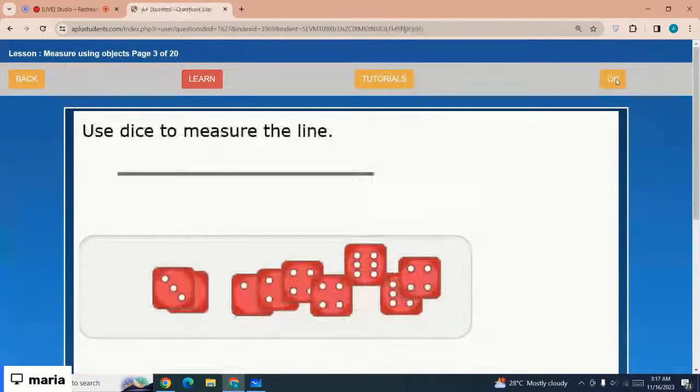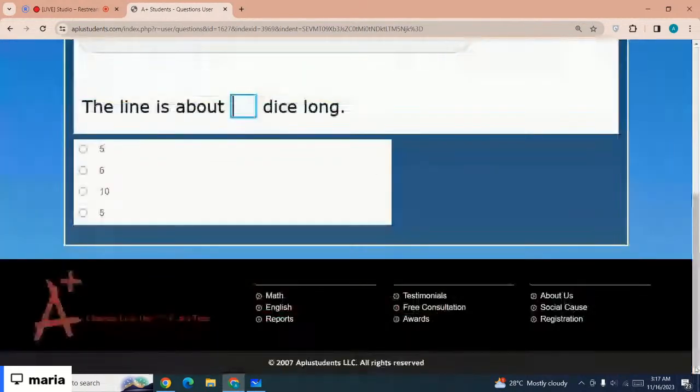Use the dice to measure the line. The correct option is... I think that would be 6 dice long. The correct option is 6.